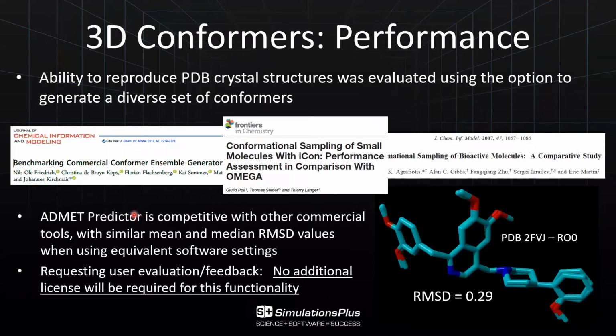And we found that ADMET Predictor is competitive with other commercial software, with similar mean and median RMSD values versus the PDB structures when using equivalent software settings. And those settings include the maximum number of generated conformers, the maximum energy difference among all conformers, and the minimum RMSD between conformer pairs. And I'll point those settings out during the demo.